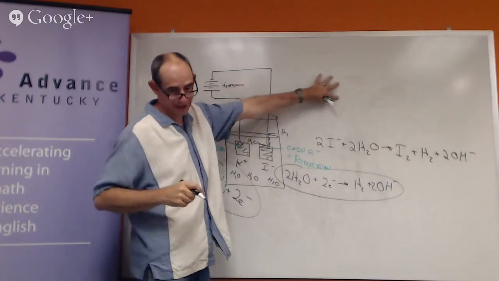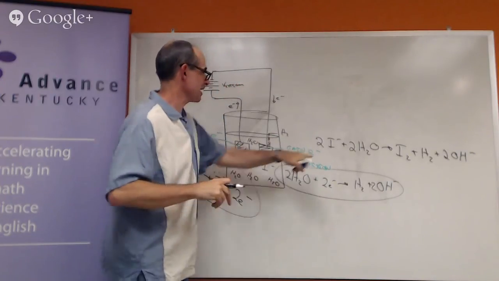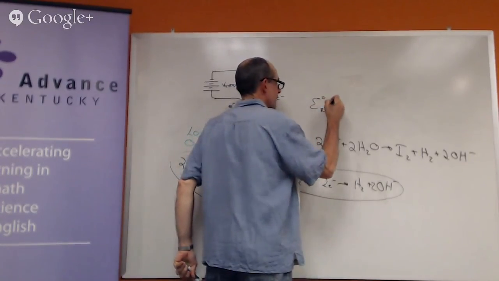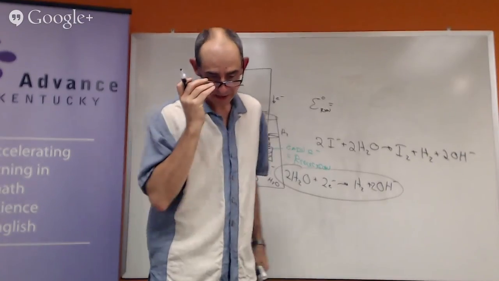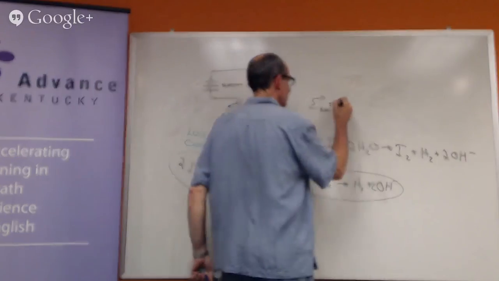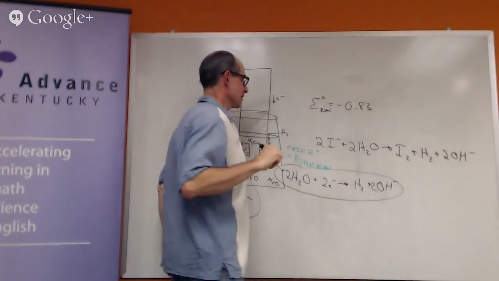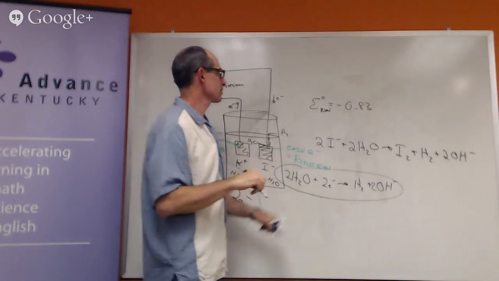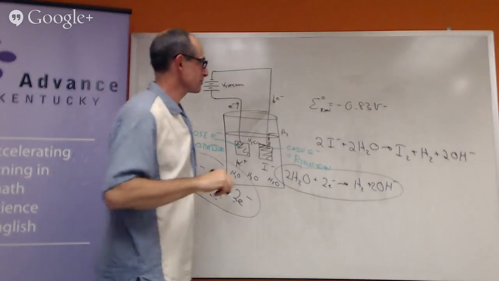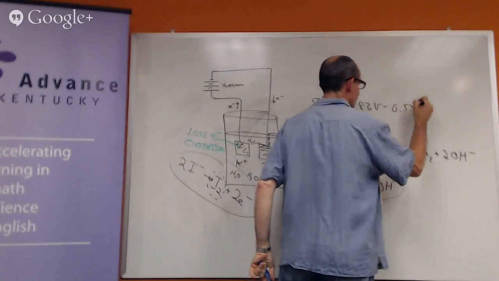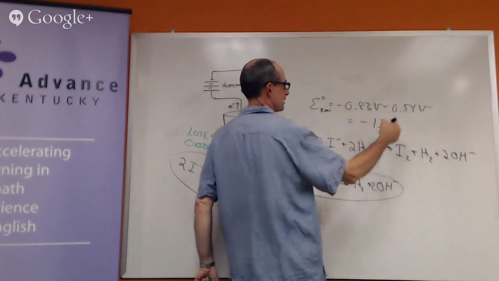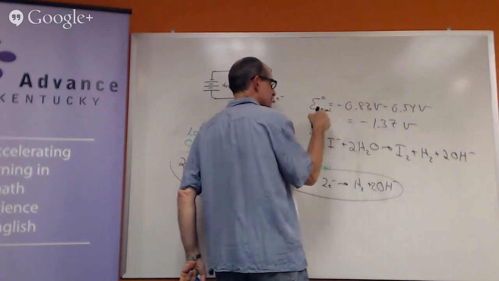I've just erased the information I need here, but if you were to calculate the E naught for this reaction in exactly the way we did before, you would find negative 0.83, the standard reduction potential for this, volts, minus what I had here, which is the 0.54 volts, and that is negative 1.37. I think I did that correctly. Yep, volts.